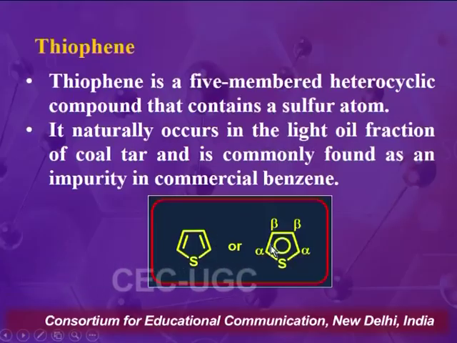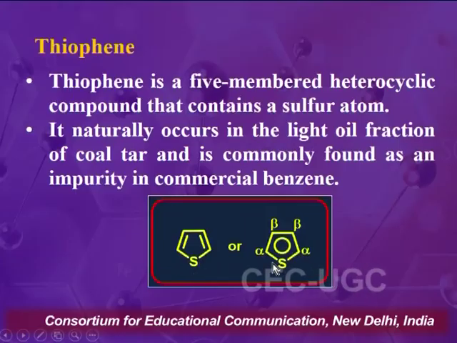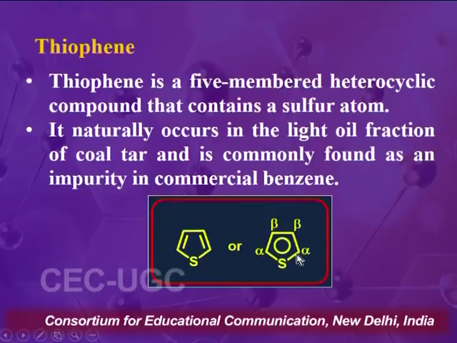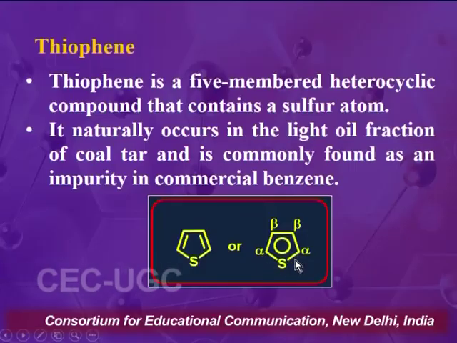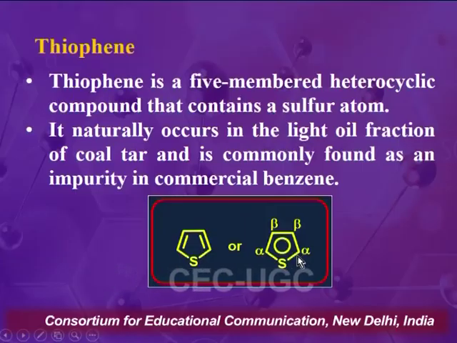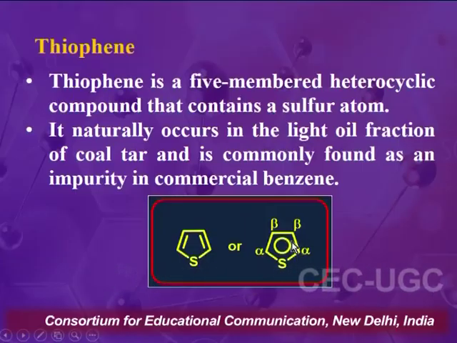And you can see the position assigned to thiophene molecule. So after the heteroatom, the first carbon is named as 1, then 2, 3 and 4, and we can also assign the numbering of carbon by using alpha position and beta position.